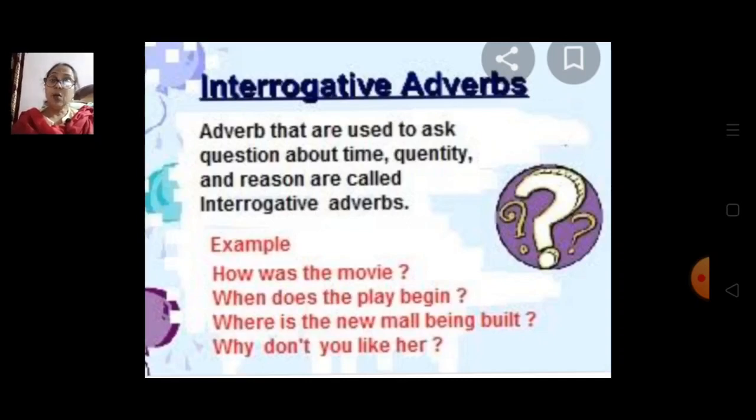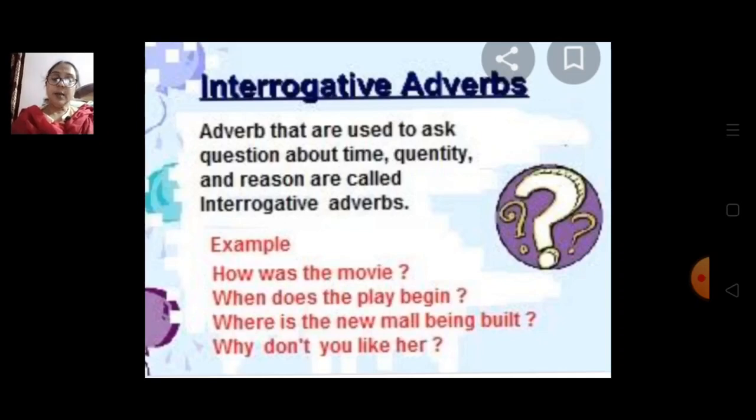Words like how, where, when, how many, how much, how often, how long, why, and so on are used for asking questions about time, place, manner, quantity, reason, and frequency of an action.